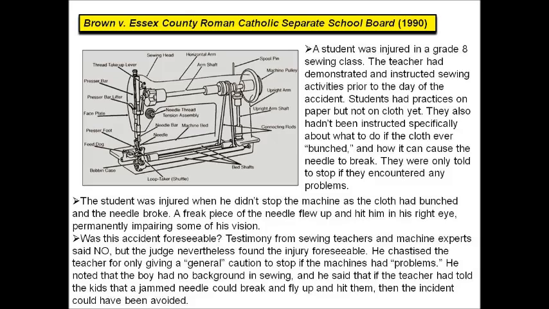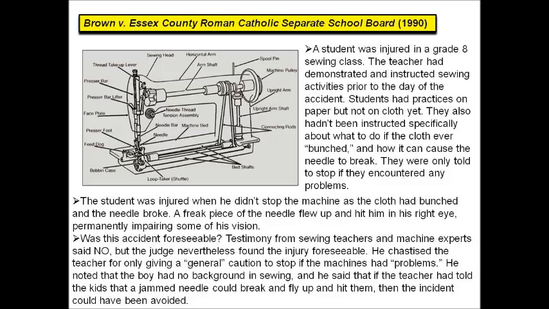That's what the teacher said. So the student was injured when he didn't stop the machine, as the cloth had bunched and the needle broke. And this is what happened. A freak piece of metal, this little shard of the needle, a freak accident, flew up and hit him in his right eye, permanently impairing some of his vision. Terrible thing to happen, right? Was this accident foreseeable?